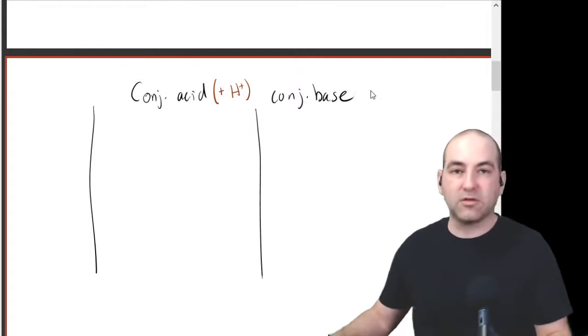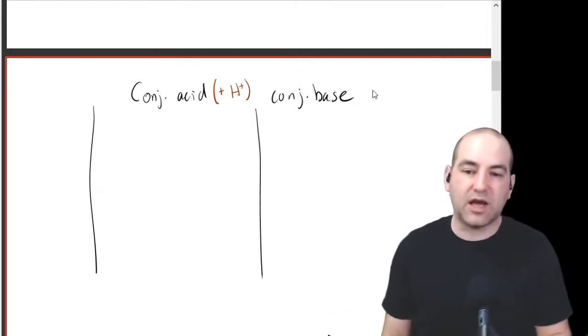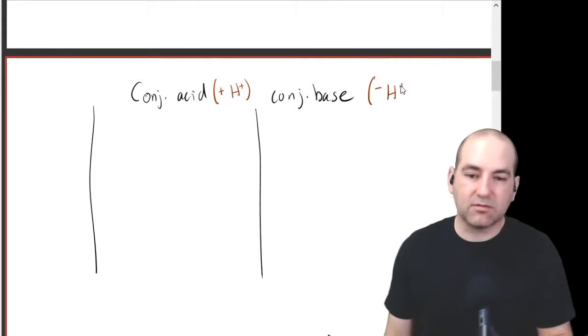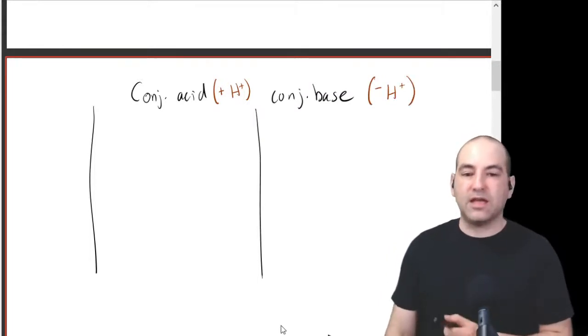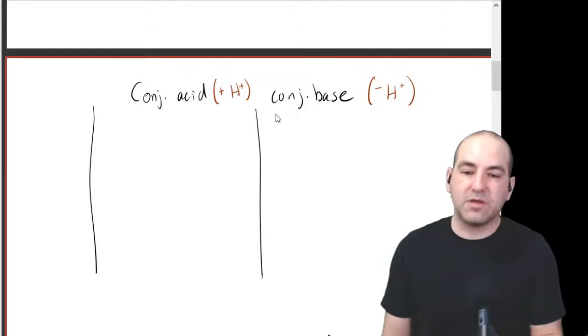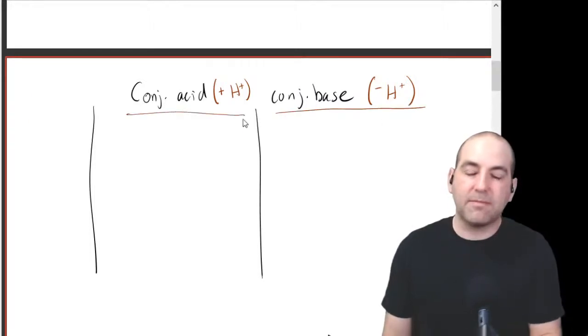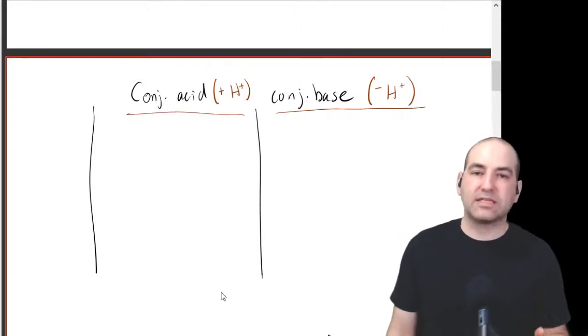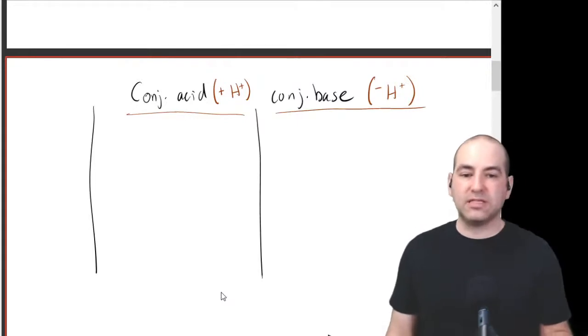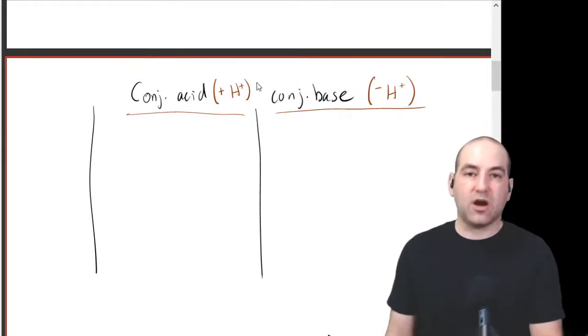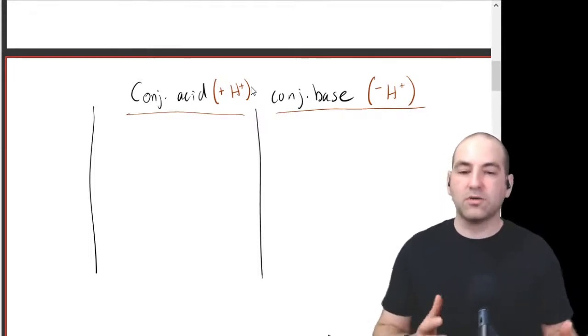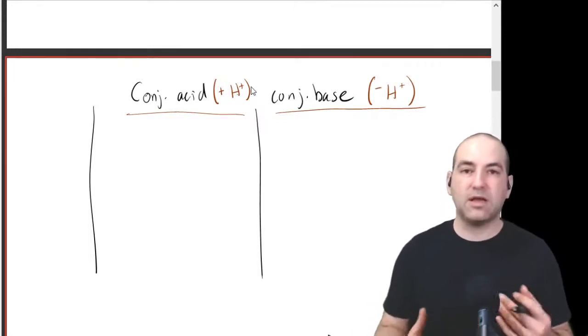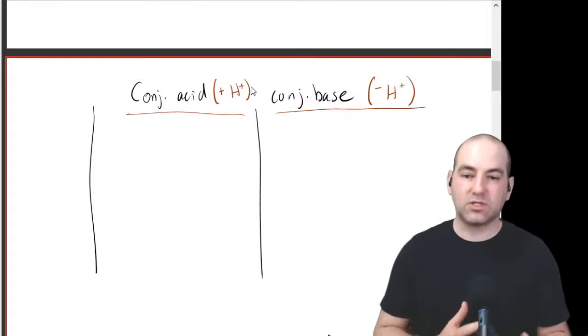So the original molecule was the acid, and now it's losing hydrogen to form the conjugate base. And as I said before, the thing that a lot of people mess up on: adding or subtracting the H seems to be fairly easy. It's dealing with that charge. So we have to make sure that the overall charge of the molecule goes either plus or minus, depending on which thing we're trying to figure out.